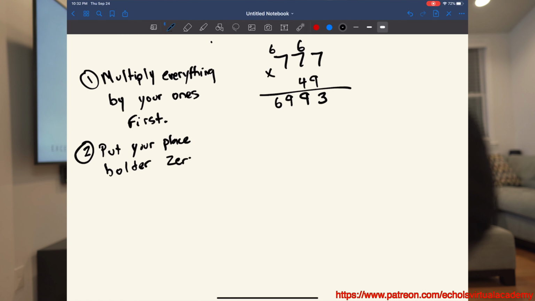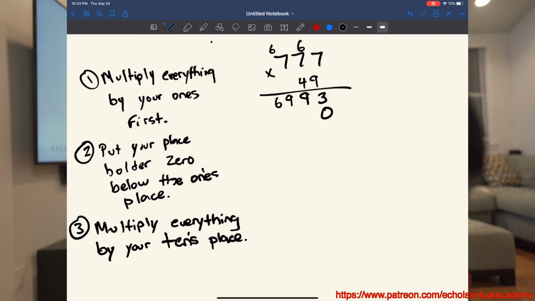And then rule number 3, multiply everything by your tens place now. So let's get rid of these little numbers right here so that we don't get confused.